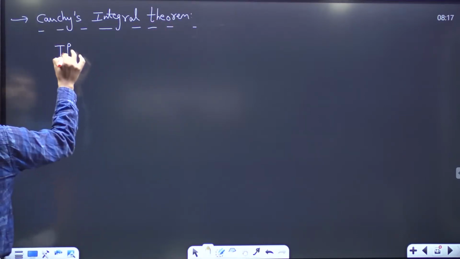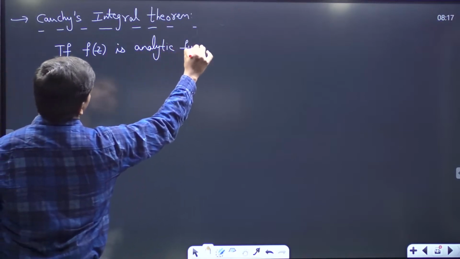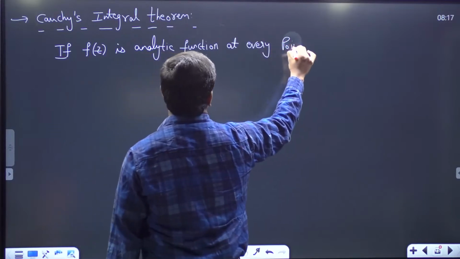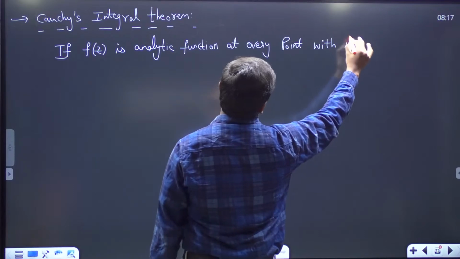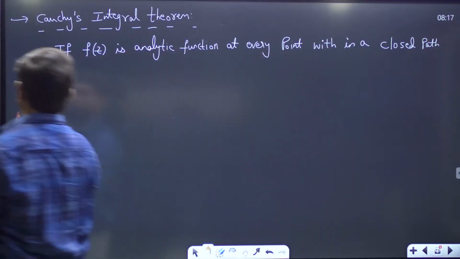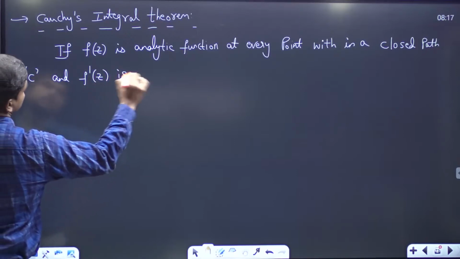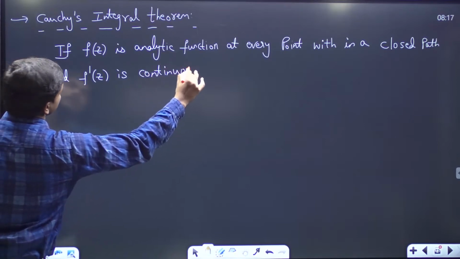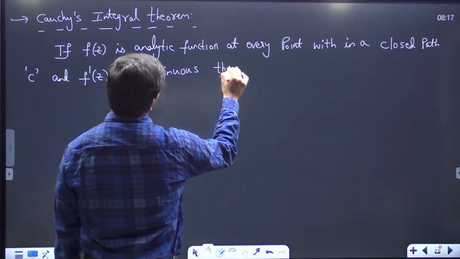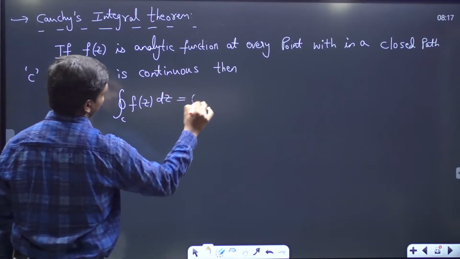Okay, so see here, if f of z is an analytic function at every point within a closed path C, and f dash of z is continuous, meaning basically the first derivative should be continuous at every point, and I mentioned the path C is closed, then the integral over C of f of z dz is 0.